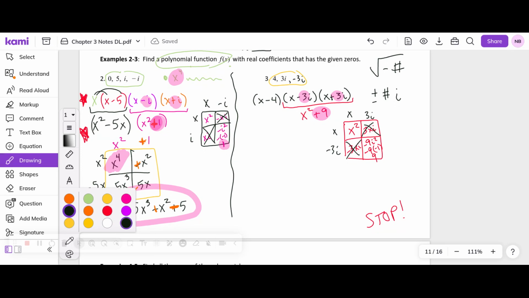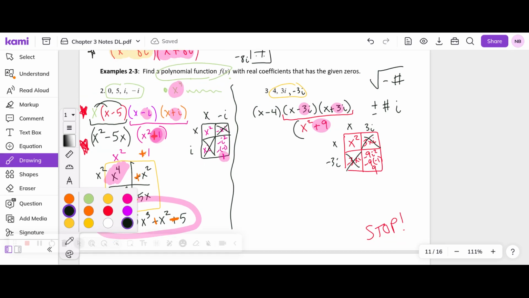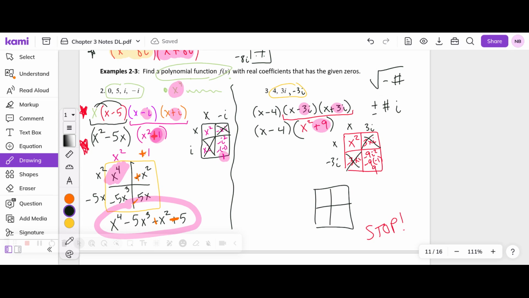Okay, and then we still need to do our last multiplication, which is to take this guy times this. So pause the video one more time, make one more box, and multiply out your last box. Okay, when you multiply them, you get x to the third, negative 4x squared, 9x, and negative 36.